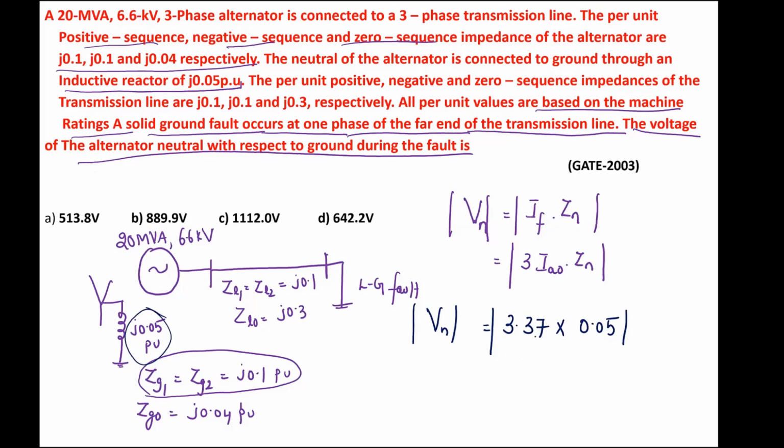This value will become 0.168 per unit. But he is asking for the actual value, so for the actual value, remember this very important point: Vn per unit into the phase to neutral base value.